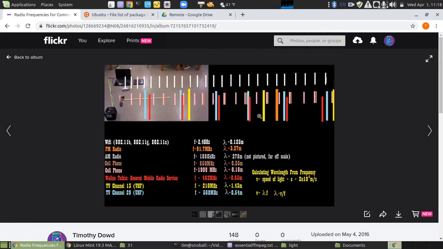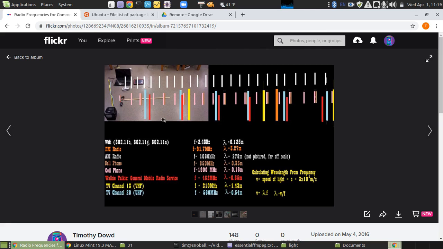So the waves coming into this TV on channel 13 are about 1.5 meters apart. But the other part of the spectrum, the UHF, has waves that are much closer together. Now there's dividing lines in those two, and it turns out that you actually need a different antenna to receive electromagnetic radiation of such different wavelengths and frequencies.